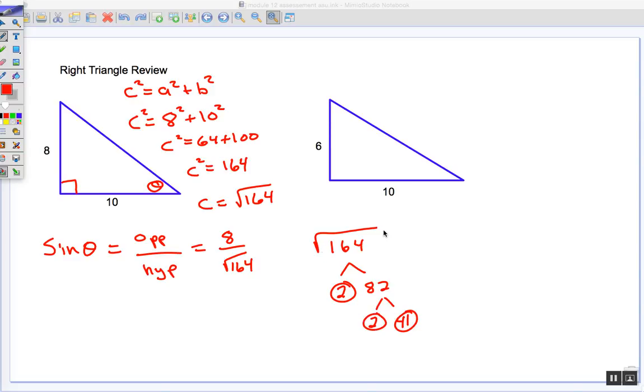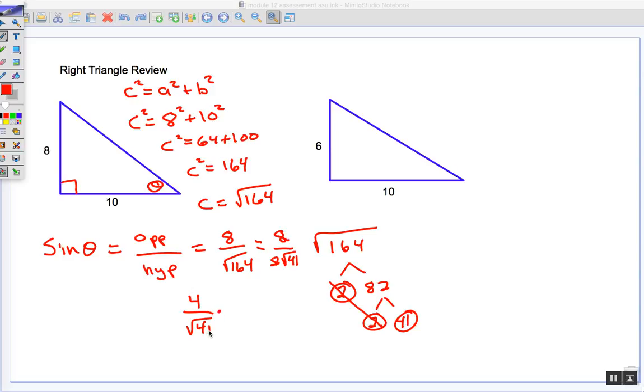When we are simplifying a square root, we're looking for pairs or perfect squares. So we have a pair of 2's. So this is equivalent to 8 over 2 times the square root of 41. And you want to get that radical out of the denominator. So I'm going to start by dividing both by 2, which gives me 4 over the square root of 41.